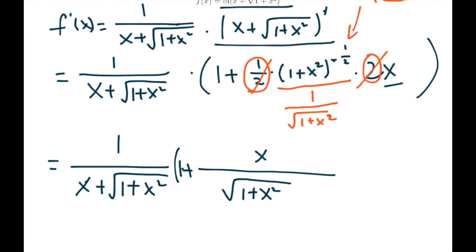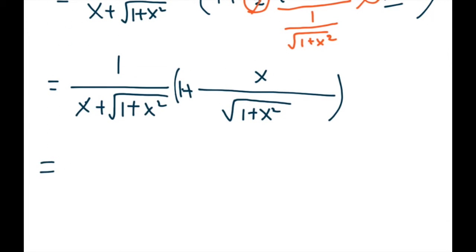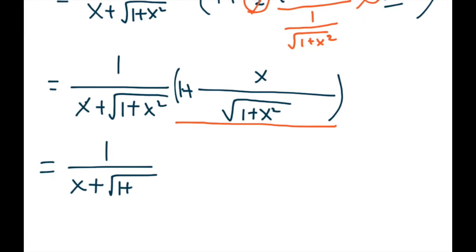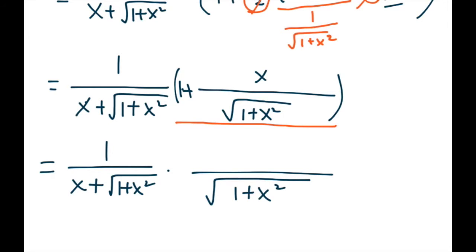Okay, and then actually we can combine the two terms inside of this process, and nothing is going to change for the first term, for the first coefficient, times 1 plus x squared, and for this 1 we can rewrite it as square root of 1 plus x squared over square root of 1 plus x squared.